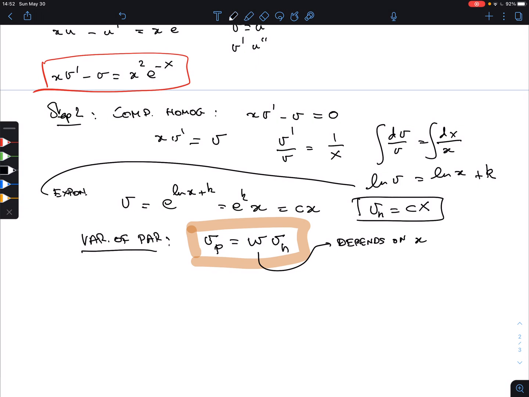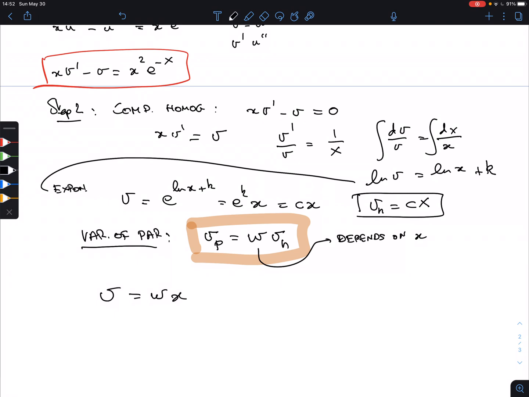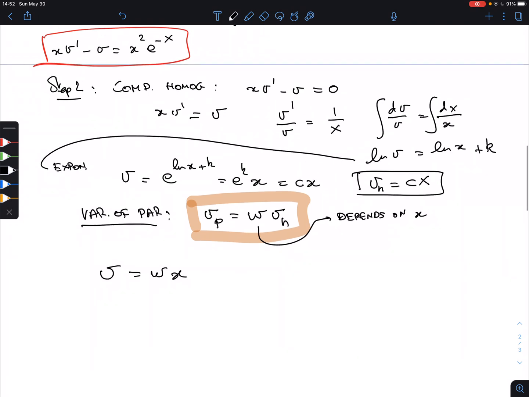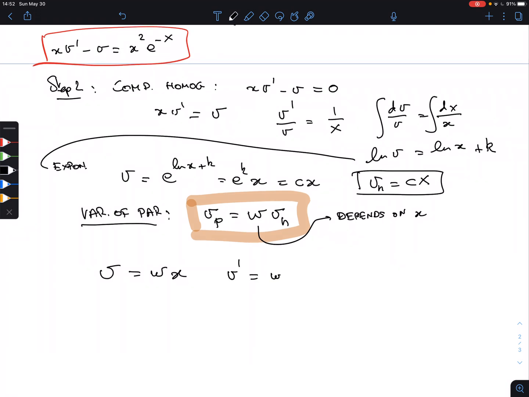So in our case, I'm going to drop the p again. So what is this? w times x. I can take c to be 1 here, right? So I just take 1 here. So this is a solution that now I am going to work with. So we know what to do. v prime is w prime x plus w, product rule, because w depends on x.